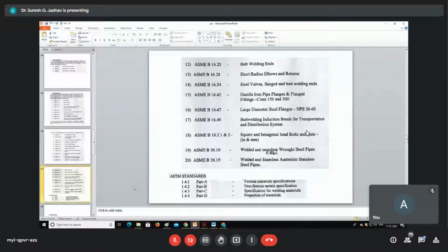The selection of an ASTM specification depends upon the type of manufacture, the form of the materials, their mechanical strength, and the corrosion properties.